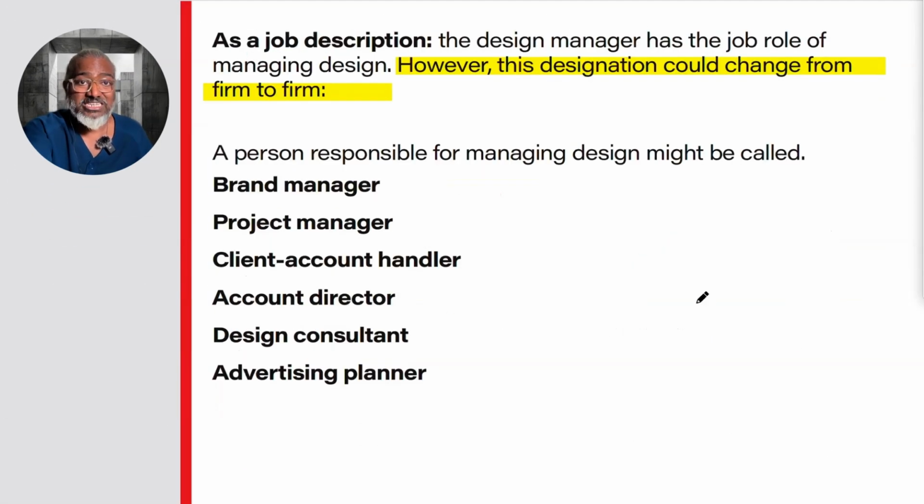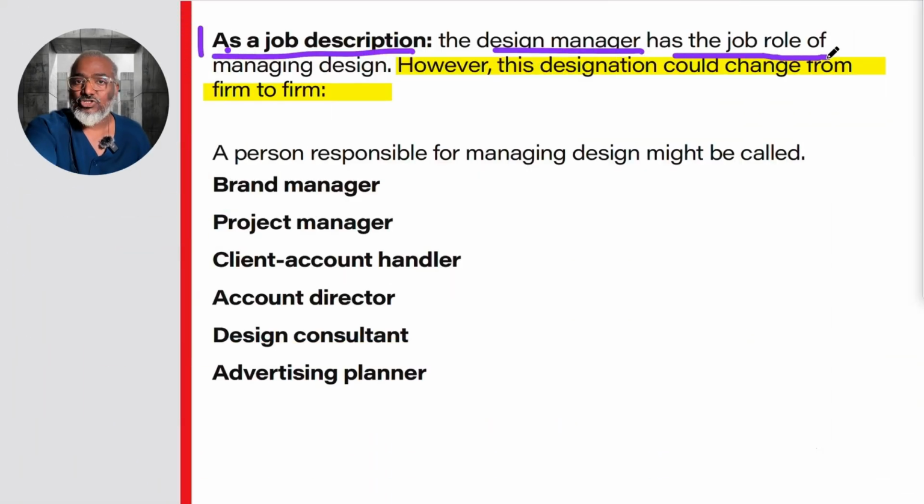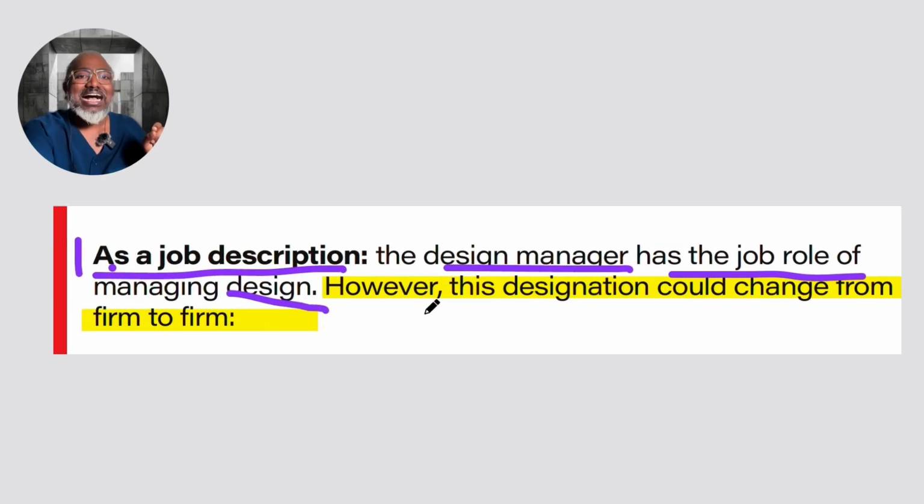You started understanding. Let's move further and understand this as a job description. This is important. If you want to pursue a career in any industry, first Google the job description. What is the job description for a design management person? If there is a job as a design manager, what is the job description? The design manager has a job role of managing design, of course.